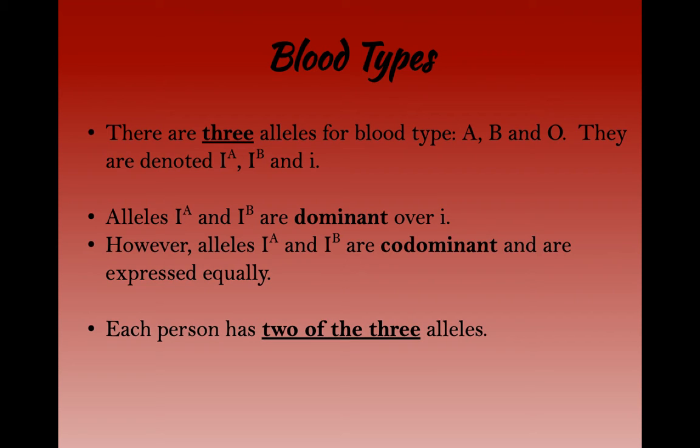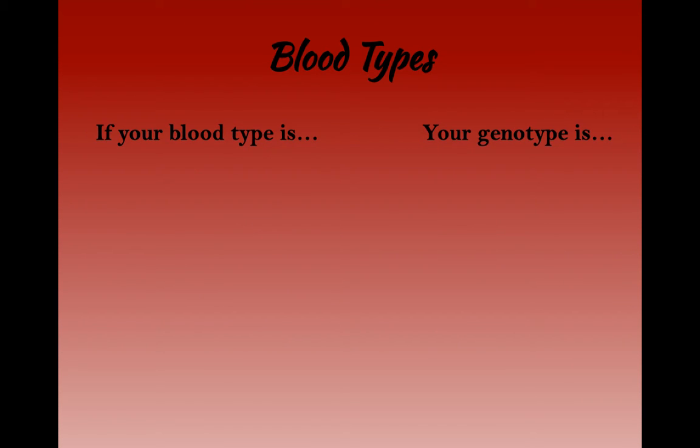Each person has two out of the three alleles. So there are four different blood types. If your blood type is A, then your genotype is either going to be homozygous for A, so IAIA, or you're heterozygous for A, IA with the small i.